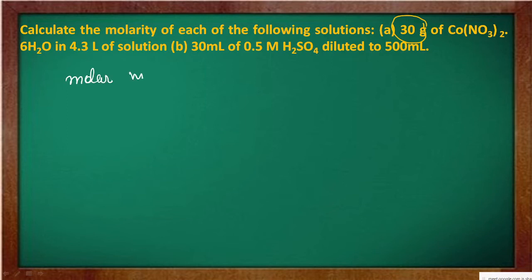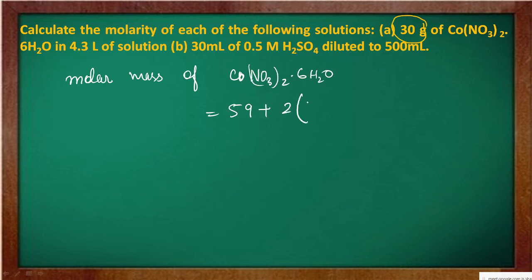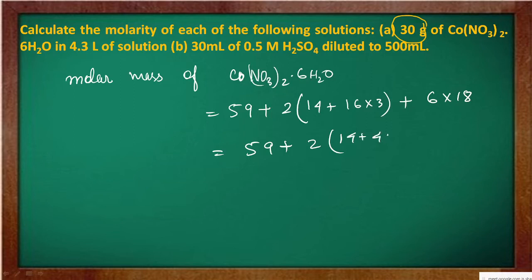So the molar mass of Co(NO3)2·6H2O: the atomic weight of cobalt is 59, then NO3 is twice, so plus 2 times nitrogen 14 plus oxygen 16 into 3, then plus 6 times 18, because water is 18.